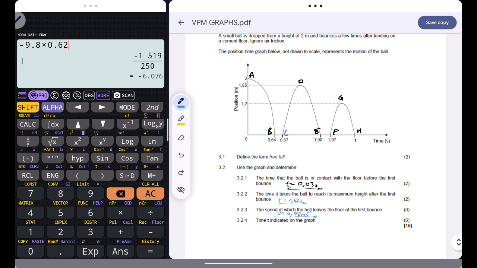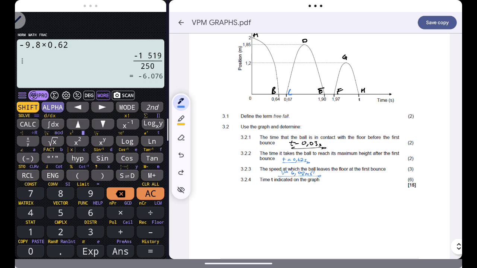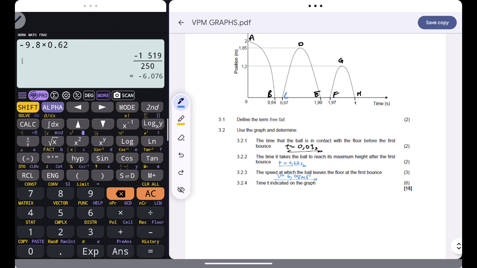If I can find the velocity, what do I know? Let me check. I know that after the first bounce, it will take this thing. Okay, I can find the velocity at point H, né? How can I find the velocity at point H? I'll just focus on path GH.